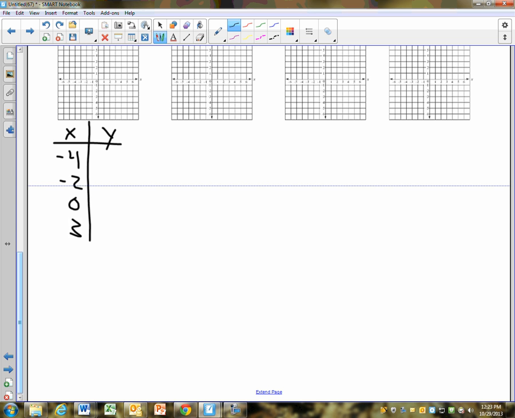Those will stay the same. What do you think will happen to the y values? Yeah, we're going to multiply them by 2. The output gets magnified by a factor of 2. So 0 times 2 is 0. 2 times 2 is 4. -3 times 2 is -6. And -1 times 2 is -2. So that's our points. And I'm going to plot those.